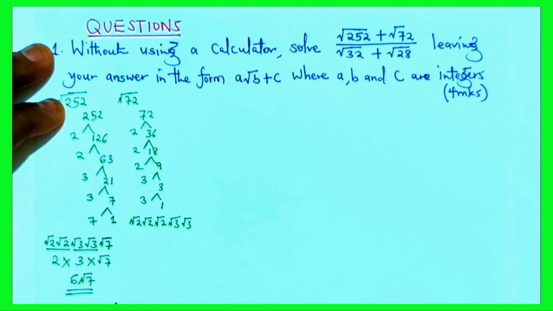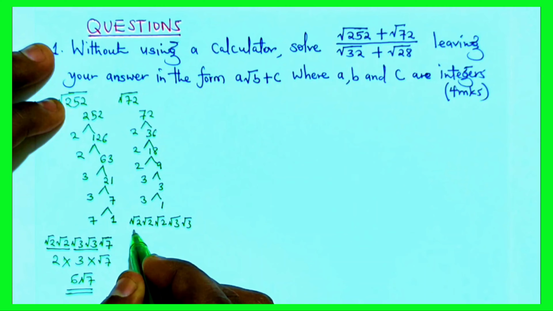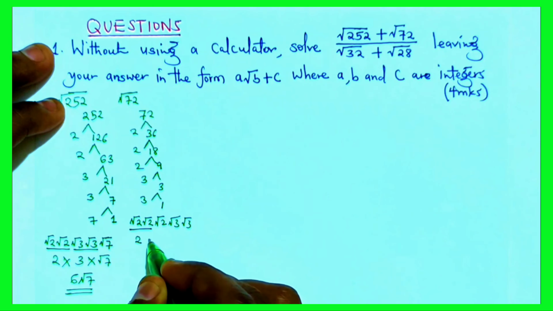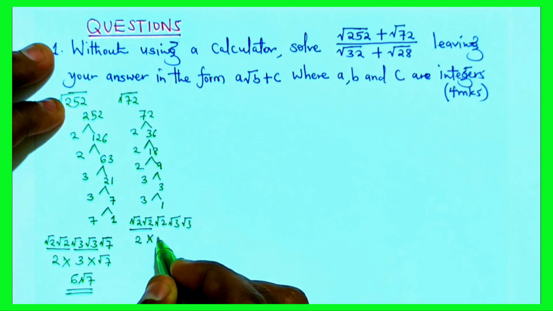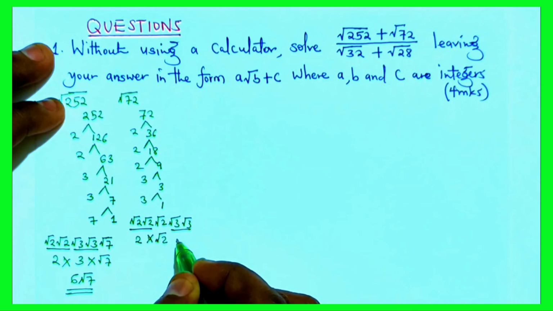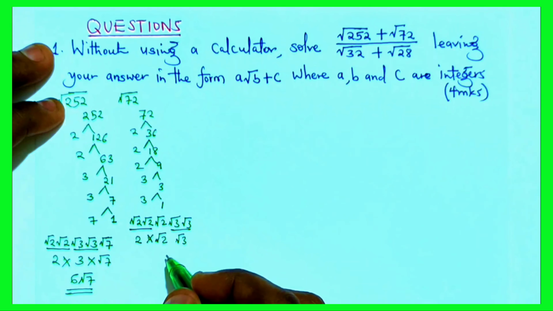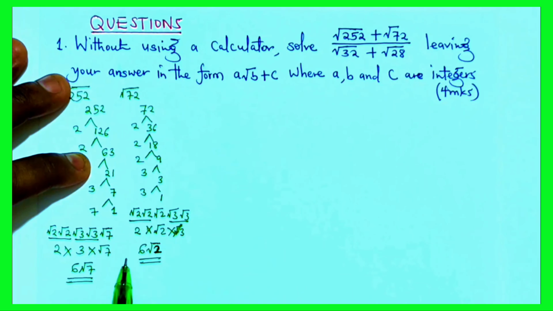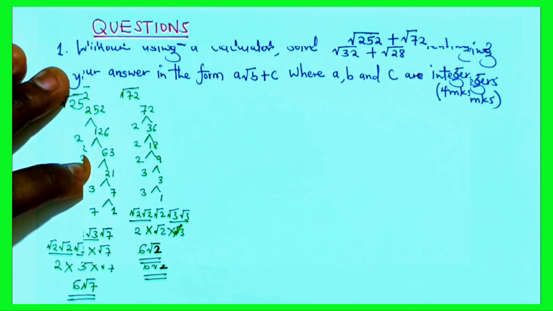By simplification, when you multiply root 2 by itself, you end up with 2, and then there will be a root 2 that will remain, and when you multiply root 3 by itself, we end up with 3. Then we multiply 2 by 3 to get 6, and then root 2, so we end up with 6 root 2 as our answer.